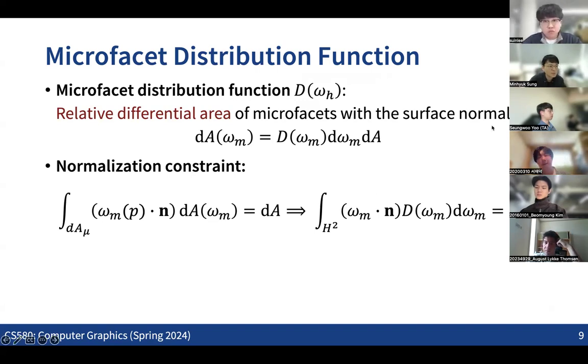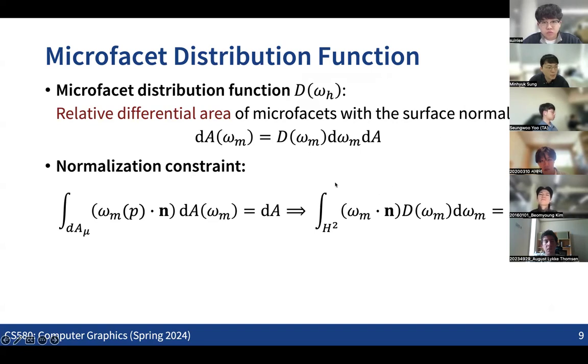So it describes what proportion of the microfacets have this specific surface normal, the ratio of the surface normal with respect to the given surface normal.